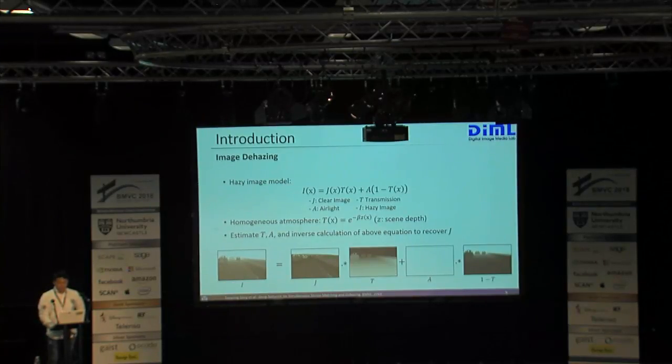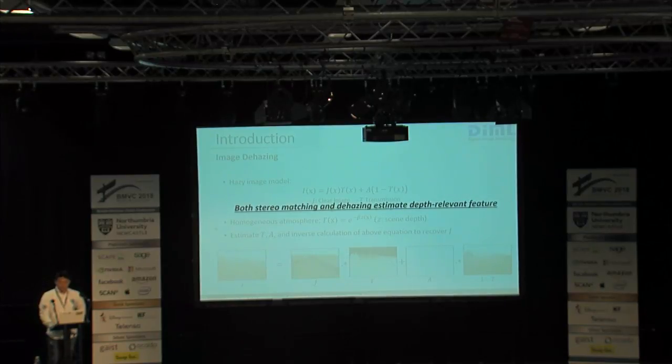Most dehazing algorithms follow the pipeline to estimate transmission and air light to recover the clear image by inverse calculation of the hazy image model. Here, we can take a moment and notice that both stereo matching and dehazing tasks estimate depth-relevant features: disparity and transmission.